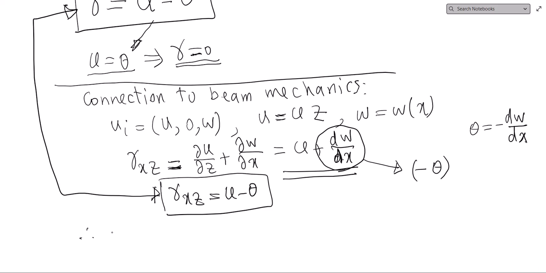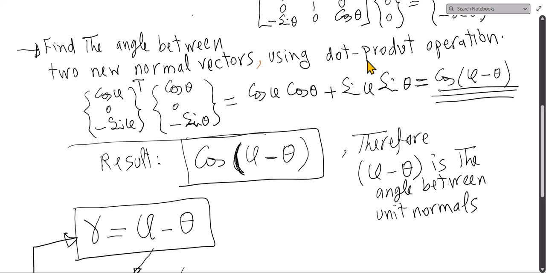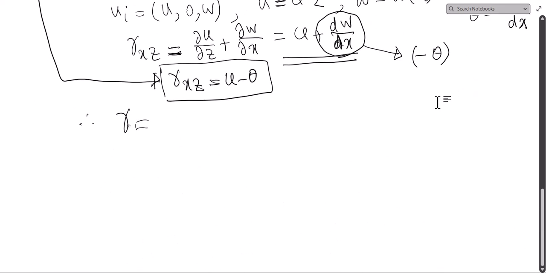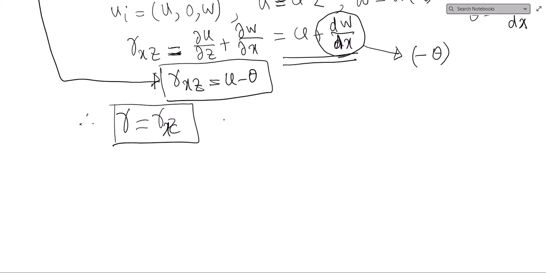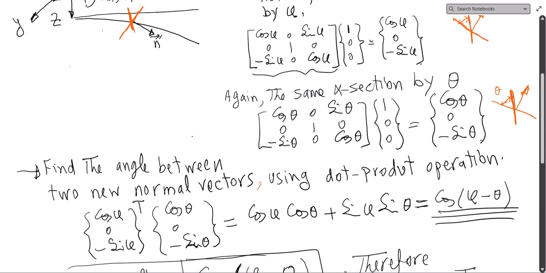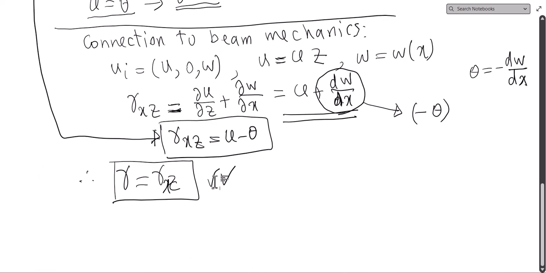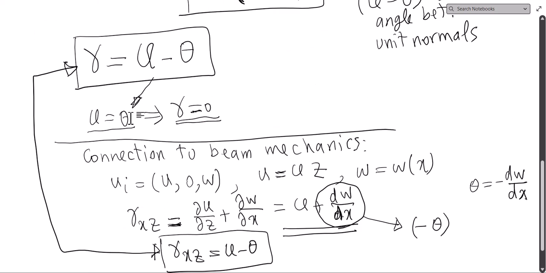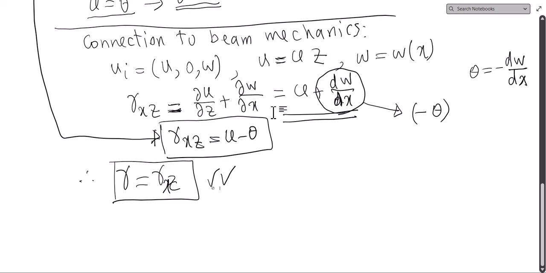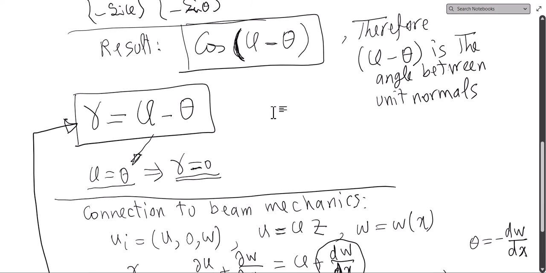So therefore, we can say that gamma, our angle between the two normals, is actually gamma xz. And that connects beautifully this geometrical treatment here that we had, the two normals, with the kinematics of Timoshenko beam, as well as for the case that these two are equal, the shear is 0 of the Euler-Bernoulli beam kinematics.